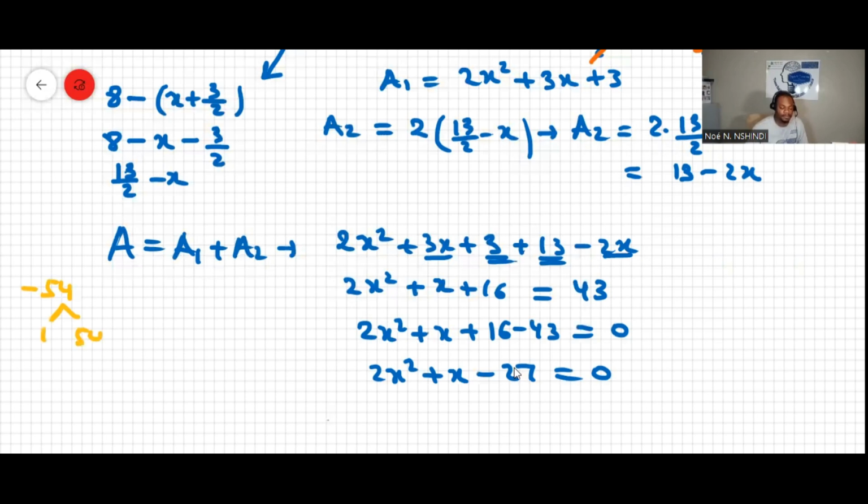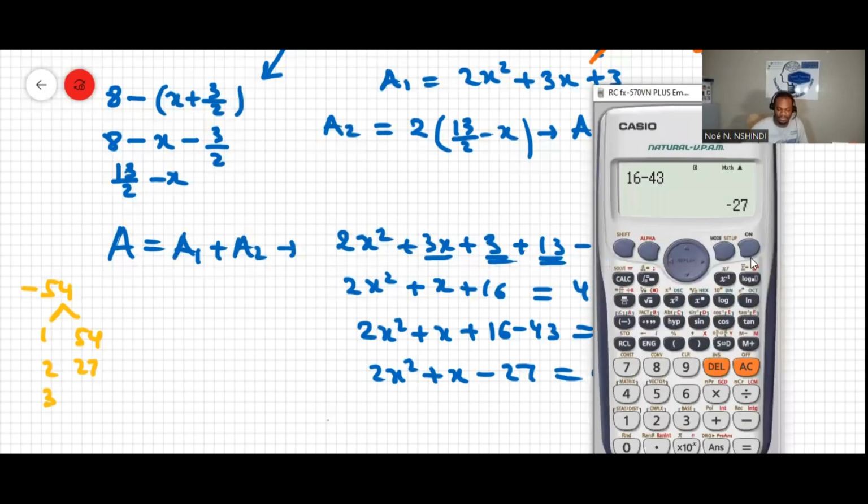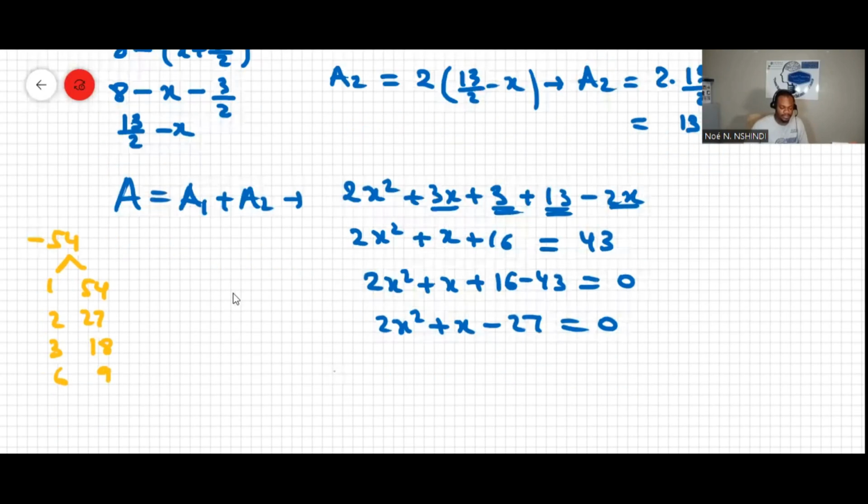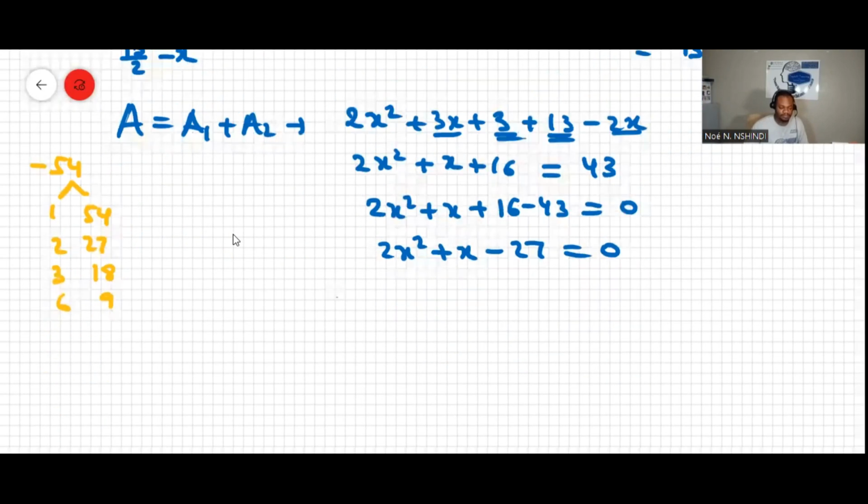Okay, 2 and 27, 3 and, let's just calculate 54 divided by 3 is 18. Yes, 3 and 18. And by 6 is 9. So 6 and 9. What else?